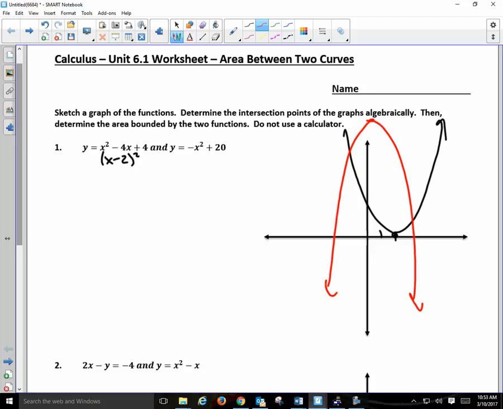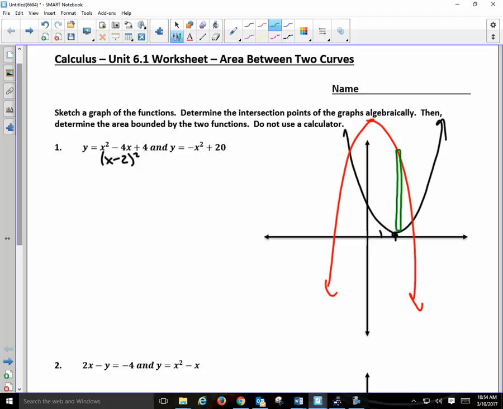So let's determine the intersection points of this graph. Before we do that, let's examine the area. If I were to draw a vertical rectangle between these two graphs, is there a distinct top and bottom to that rectangle?